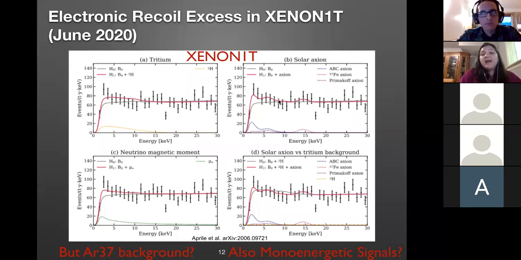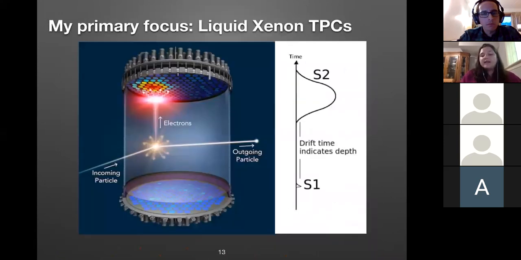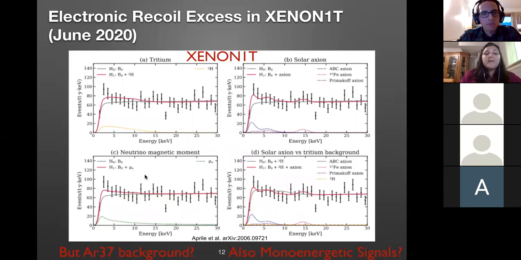It could be a signal of a new particle that's not quite a dark matter candidate, but would be hints of brand new particles, which is the solar axion. And that was, of all these different options they studied, the best one. It could be an anomalous magnetic moment of the neutrino particle. And they also actually directly studied, could it be two of these adding on top of each other, tritium and a solar axion.